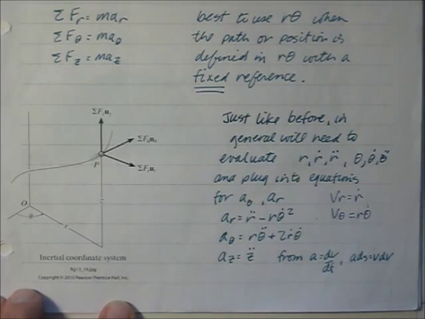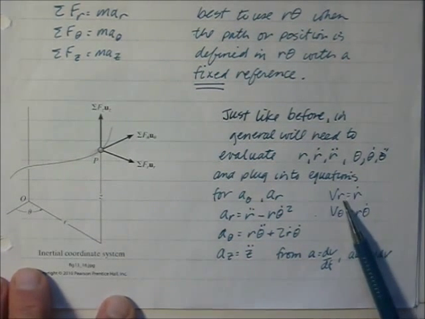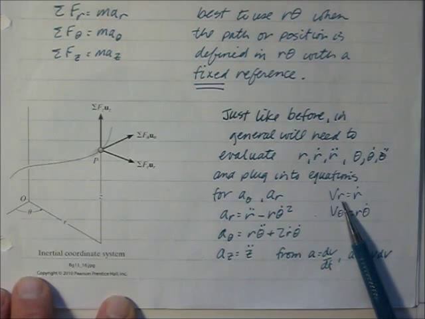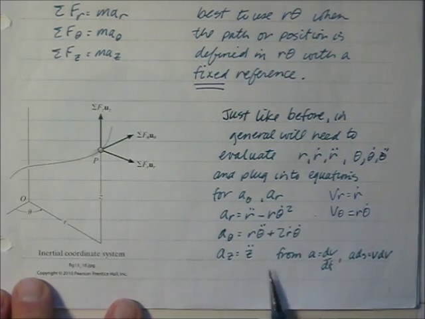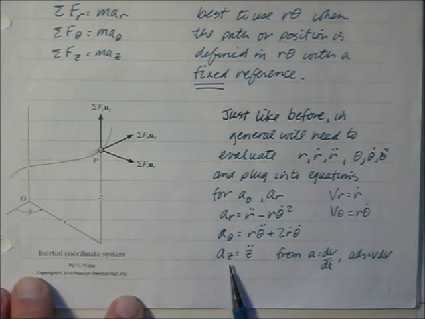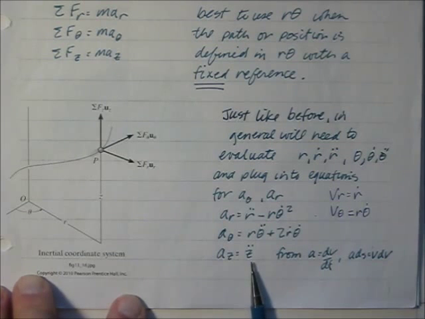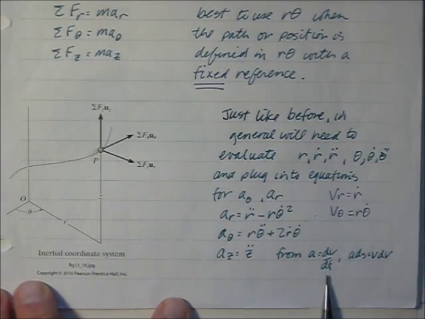If you recall those equations, and then the velocity equations, velocity R is R dot, velocity theta is R theta dot. Now in the Z direction, the acceleration is Z double dot, and A equals dv/dt and a ds equals v dv apply in the Z direction.